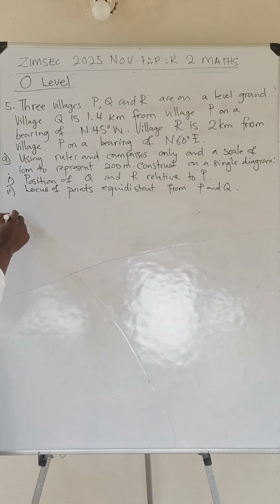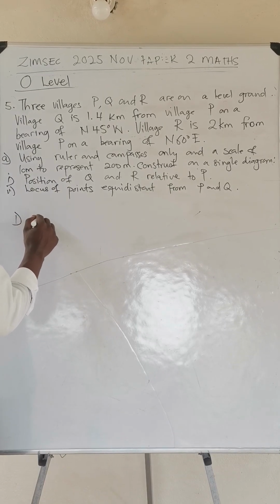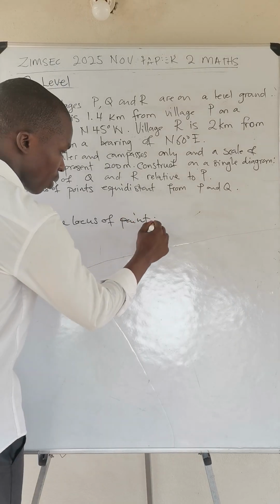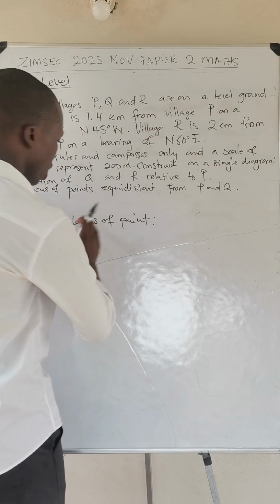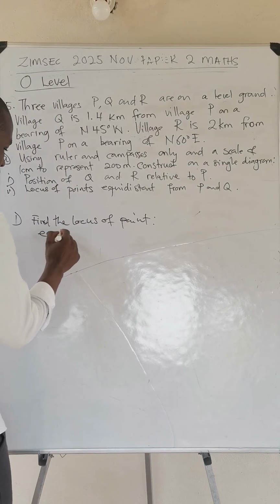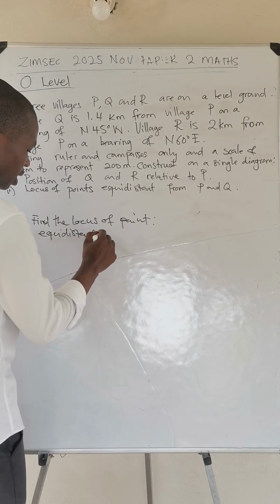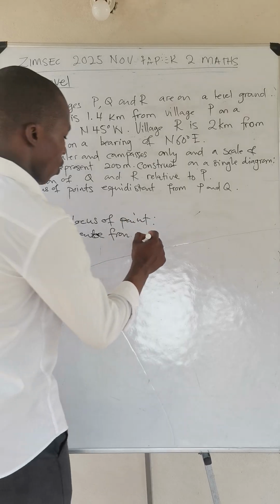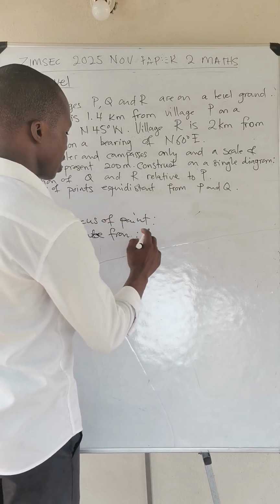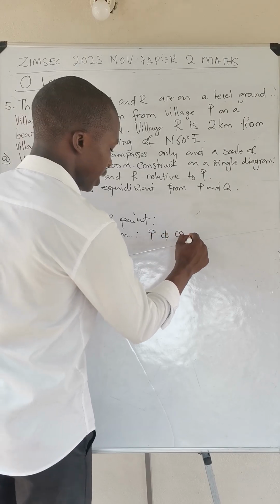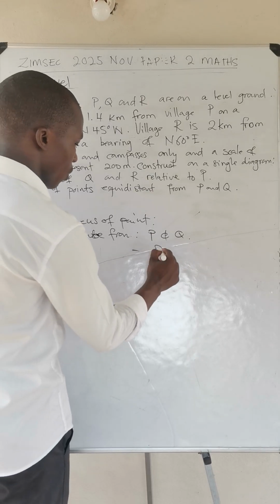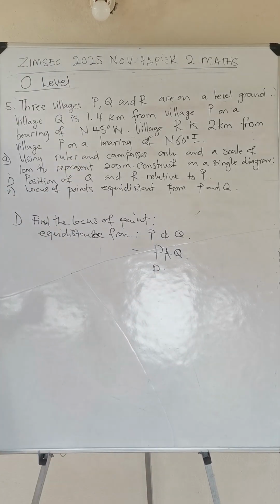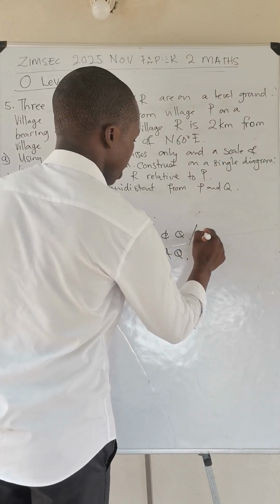The first step is about "find". They say, find the locus of points equidistant from, first for example, P and Q, then another one, P A Q, then another one is P. Then here they can say PQ.